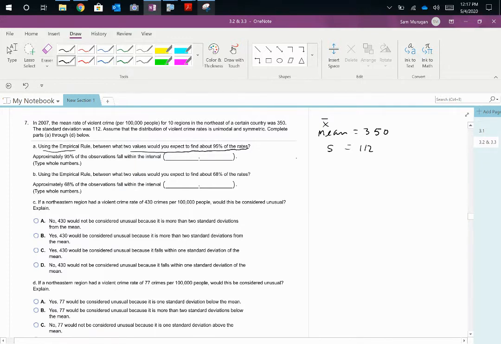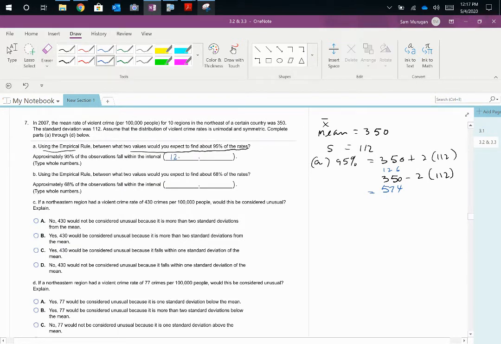So for part A, 95% of the data would be 350 plus 2 times 112, and 350 minus 2 times 112. If we compute it, that is 126 and 574.